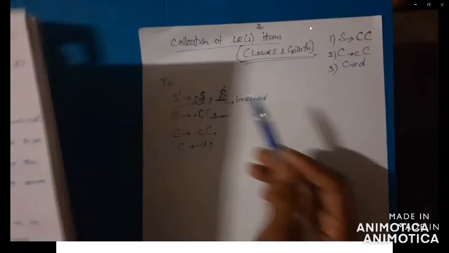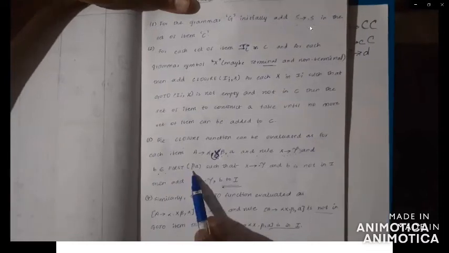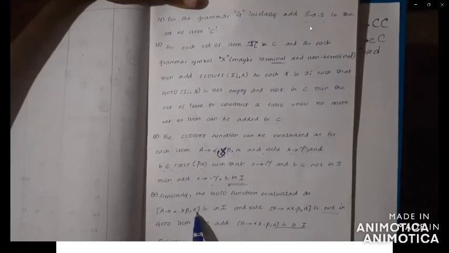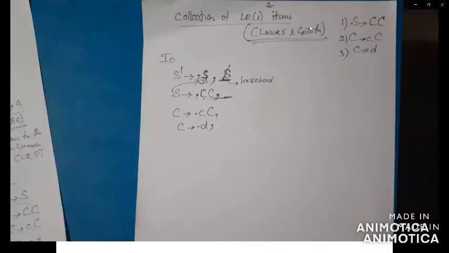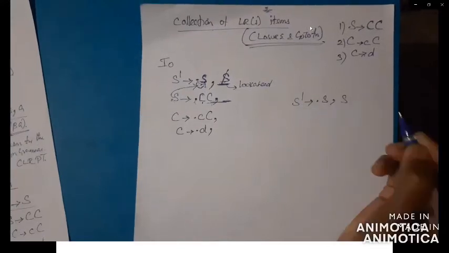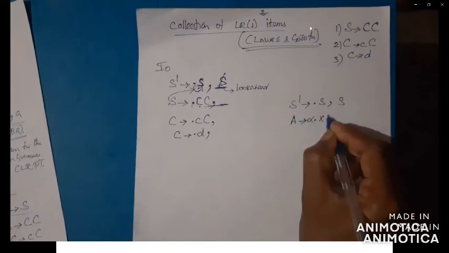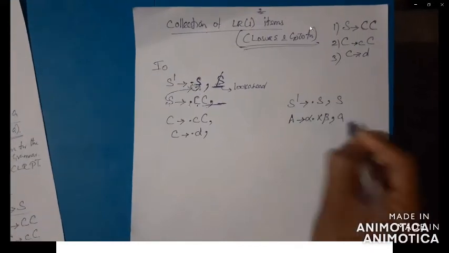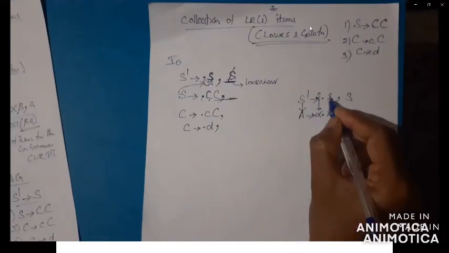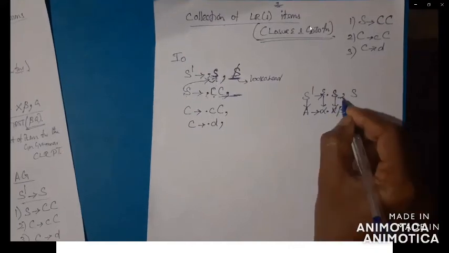After that, we take B belongs to first of beta A, that is A tends to alpha dot capital X beta, gamma, A. So here check S prime tends to dot S, comma, dollar. So here A tends to alpha dot X beta, comma, A. So for S prime, here the alpha value is empty, dot capital S. Here beta can be empty.